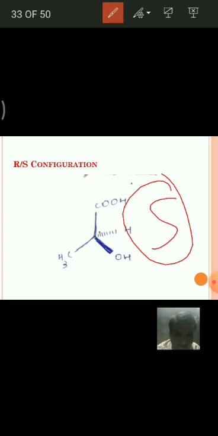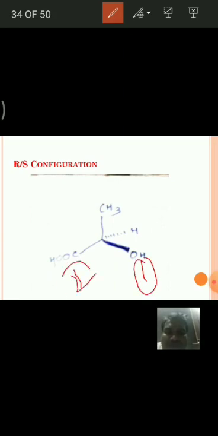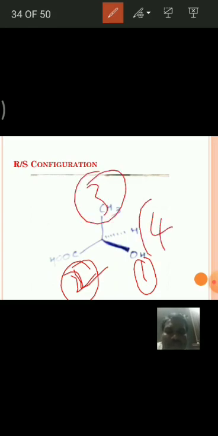I think you have understood. Very simple. Then coming to the next example, see here, this is one more example. Again, if we give the priority, this OH group is first, this COOH group is second, this methyl is third, and this hydrogen is fourth.